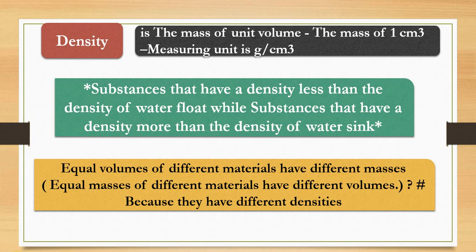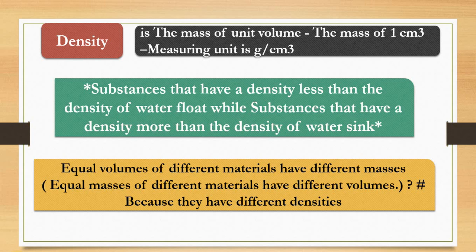We can note that the mass of 1 cubic centimeter of cork is smaller than the mass of 1 cubic centimeter of wood. And we can note that the mass of 1 cubic centimeter of wood is smaller than the mass of 1 cubic centimeter of iron.